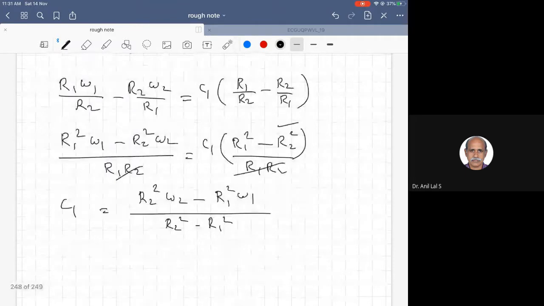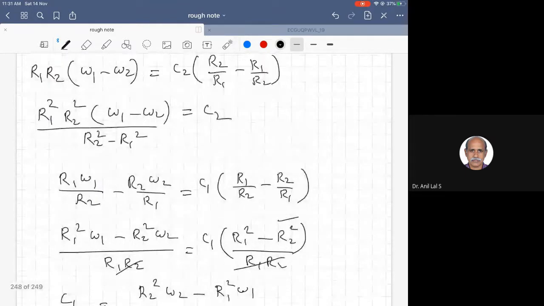In this, let me write it back like this.